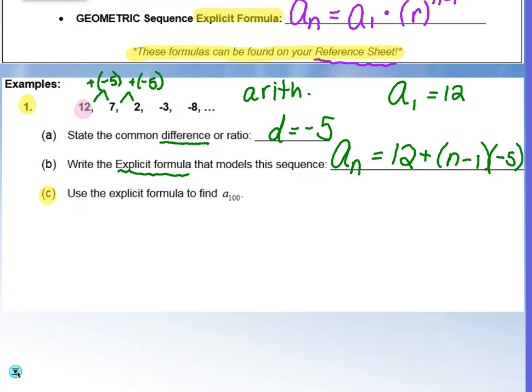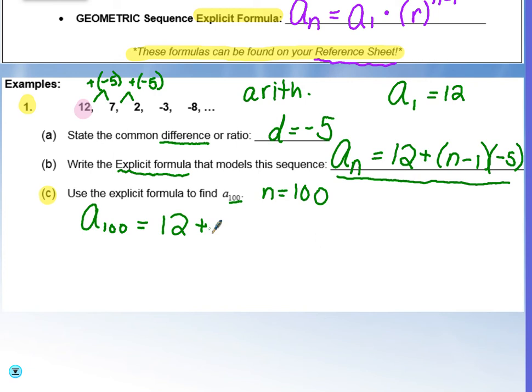So let's find that 100th term. A sub 100. So this means that 100 is taking the place of the letter n. So I'm going to use the formula that we created for this sequence to find the 100th term. So everywhere I see that letter n, I will replace it with 100. 12 plus n minus 1, I'm going to substitute one step at a time, replace it with 100, and then multiply by negative 5.